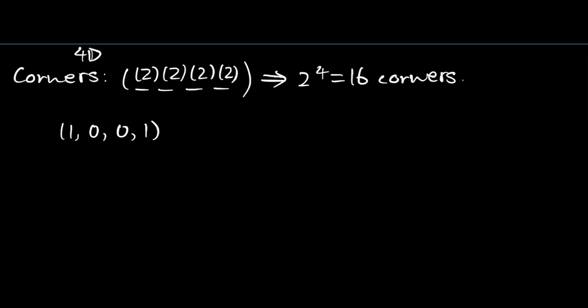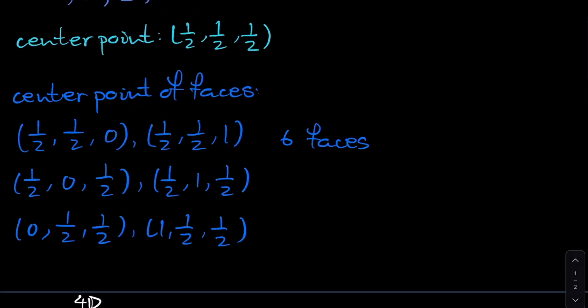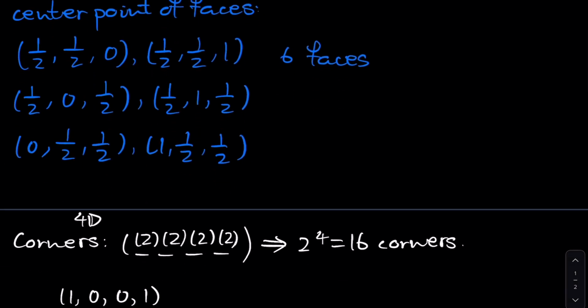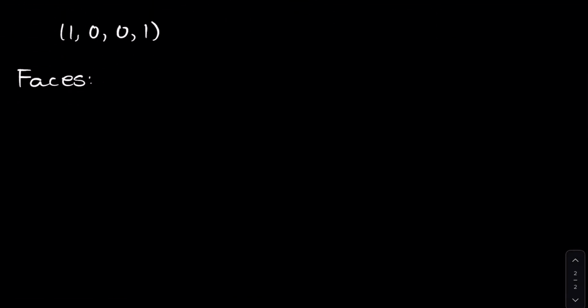Alright, so let's consider the number of faces we can have. Well, notice what we talked about over here. We can find out the number of center points for the faces. For a 2-dimensional cube face, we can have 2 components of 1 half. So for a 3-dimensional face, we have 3 components of 1 half. For example, this is one possibility.